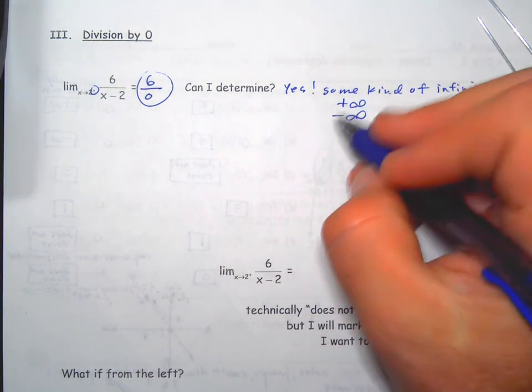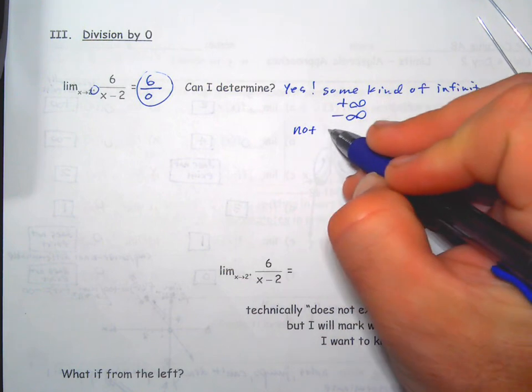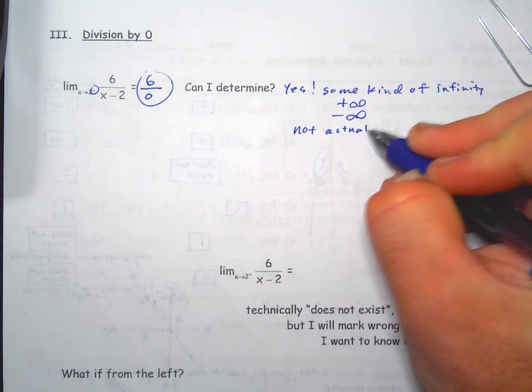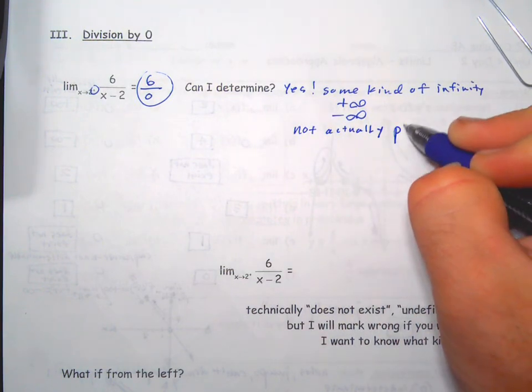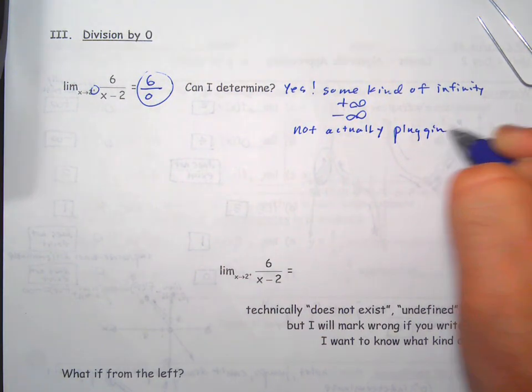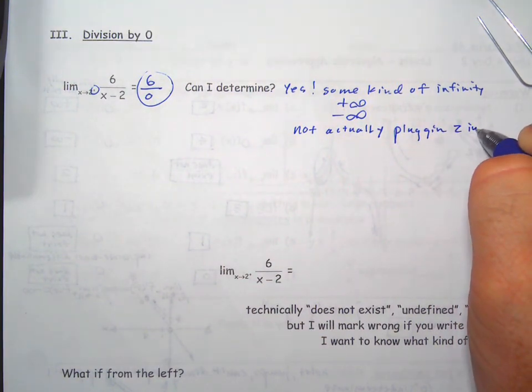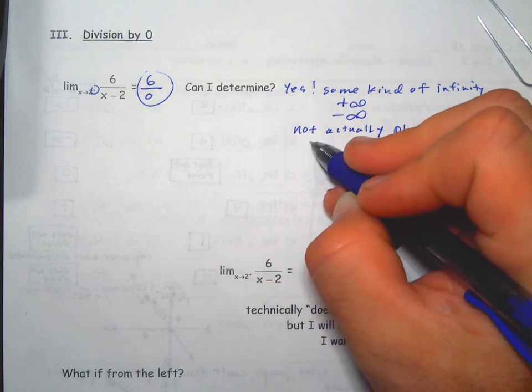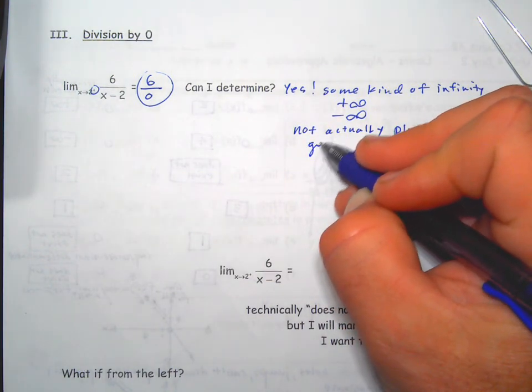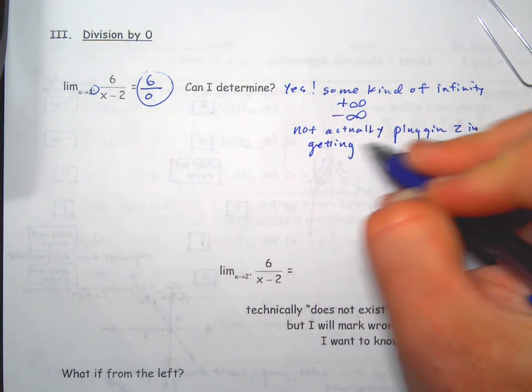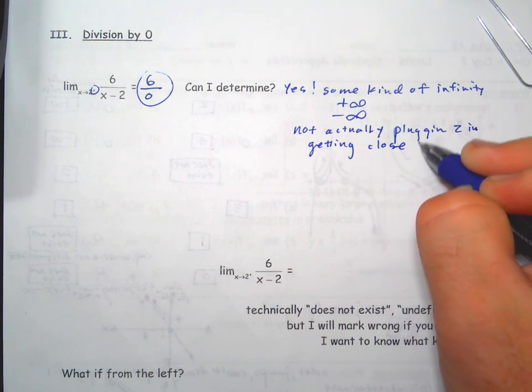Now, here's the deal. We're not actually plugging 2 in. I mean, I know that's what we did, but we're getting close to 2, right?